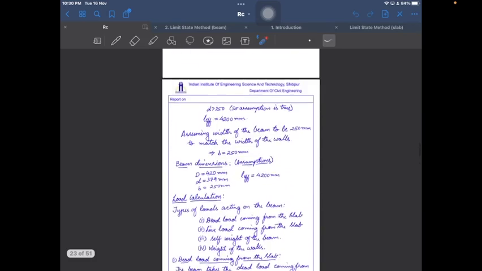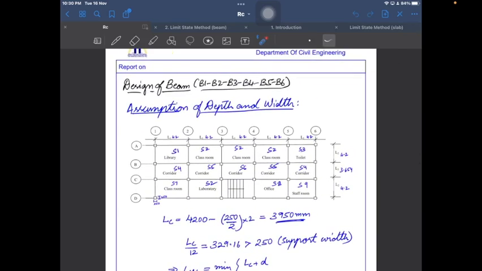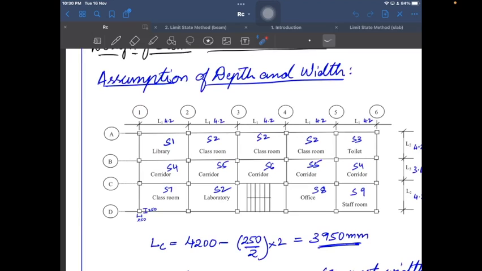Similarly, this S1 is the library which has 6 as live load. Is that factored? No, 6 is not factored. In the code, a few things are mentioned, like 6 or 6 plus something depending on the floor to floor height.